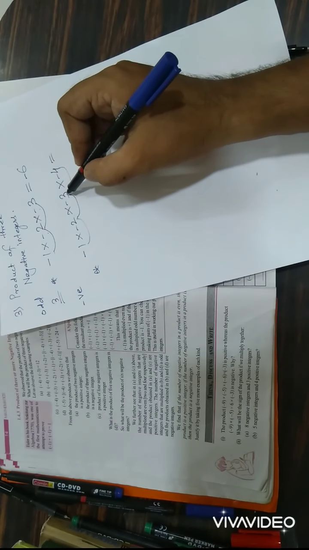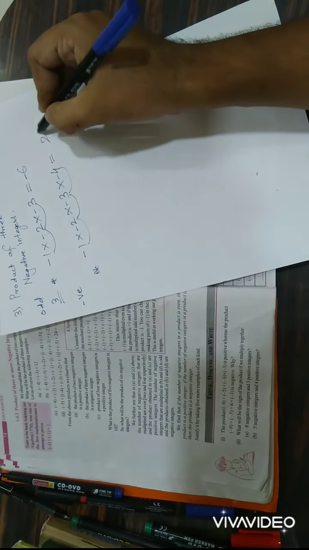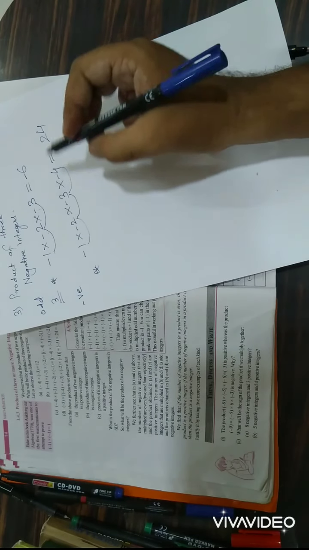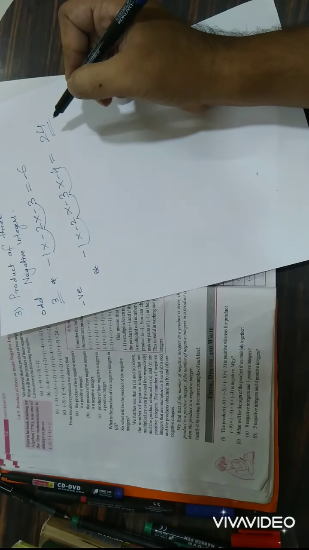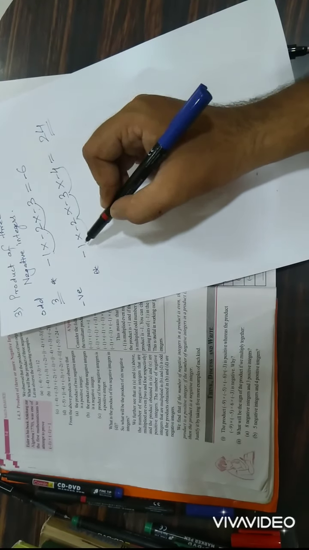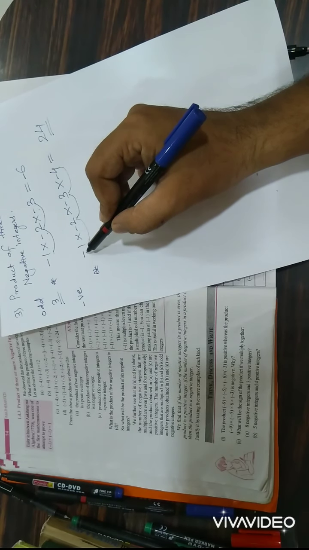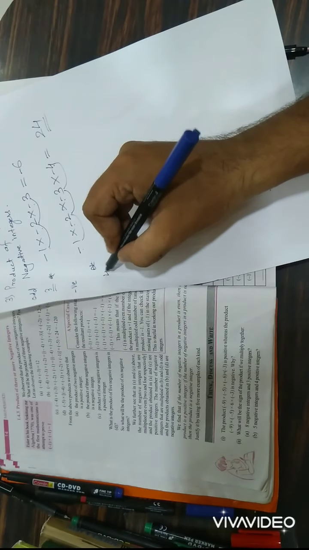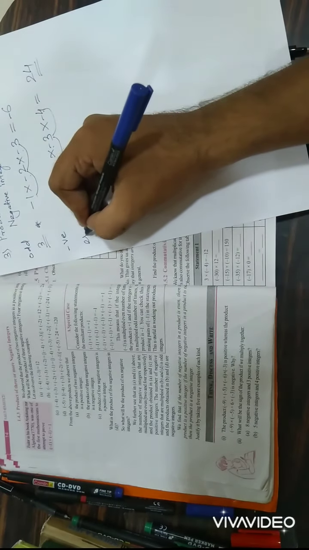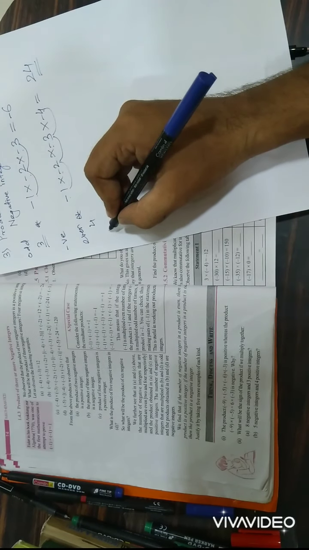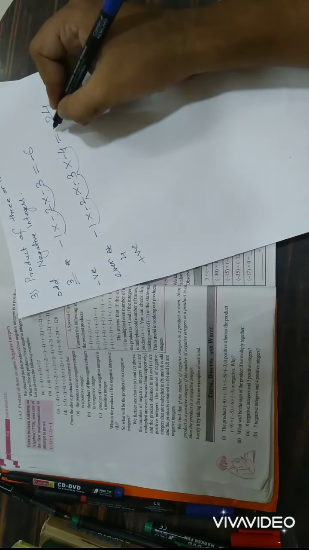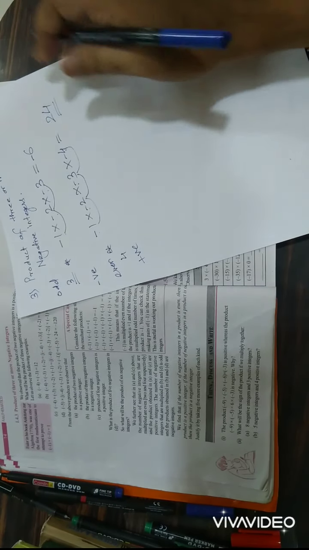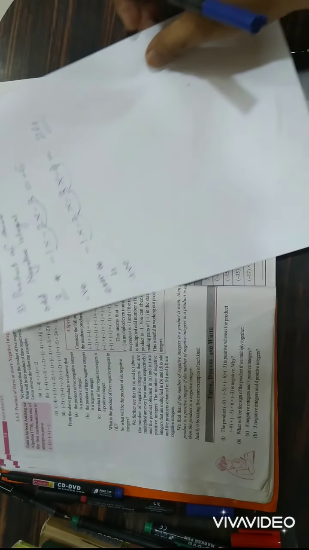So we got 24. Now count the negative signs, 1 2 3 4. We have 4 negative signs, so this is even, so your answer will be positive. So this will carry a positive sign, so we don't write the sign.